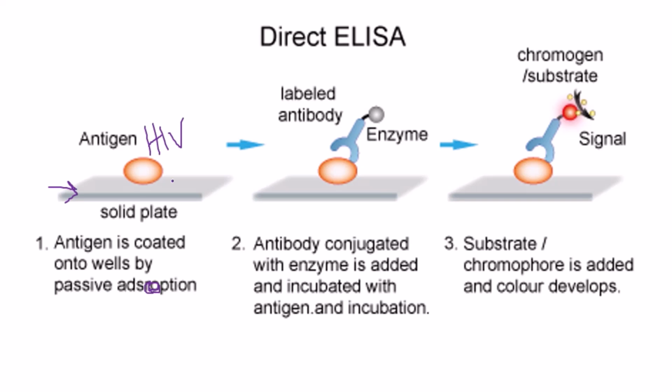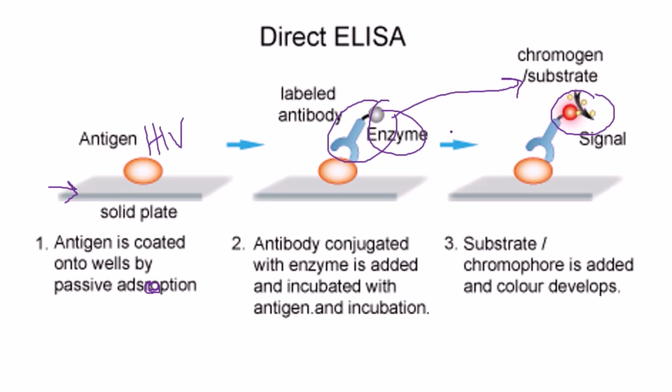The HIV antigen is going to be coated on this well, and then we are going to add a labeled antibody, and this antibody is labeled by adding what we call an enzyme, so that this enzyme helps us in catalyzing a substrate that we will add into this reaction to generate a colored signal.